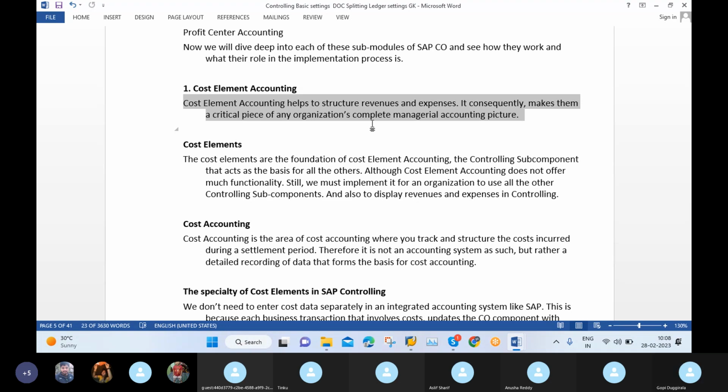Sales revenue is the profit center. But before profit center also we have one cost element.